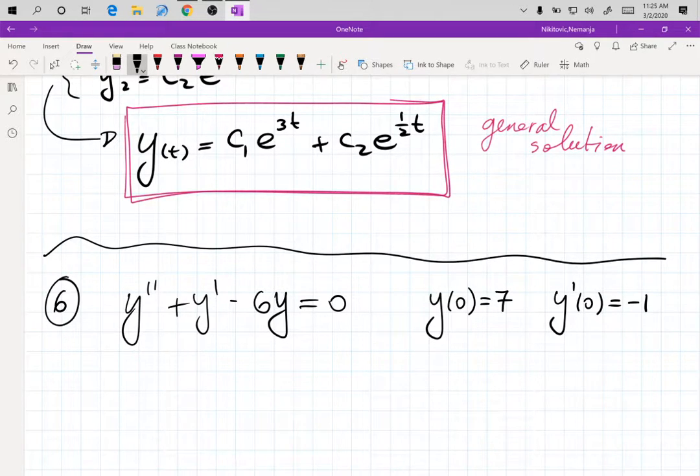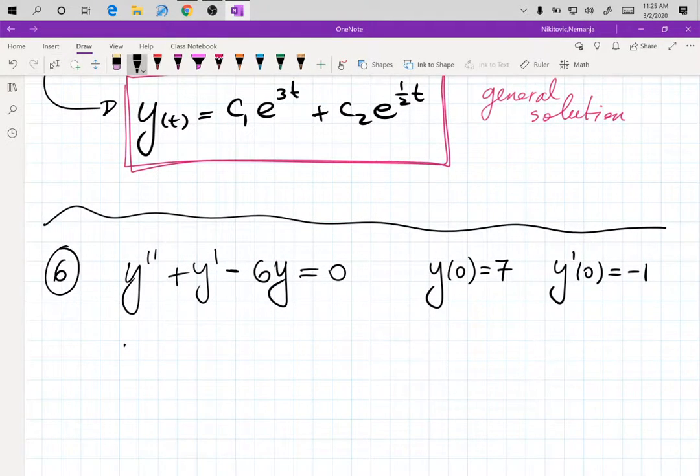So now, what we are going to do is solve this the same way we solved the previous one. We have r squared plus r minus 6 equals 0.